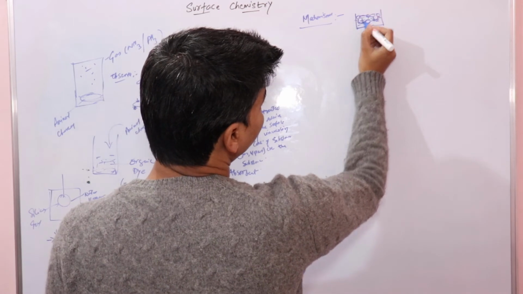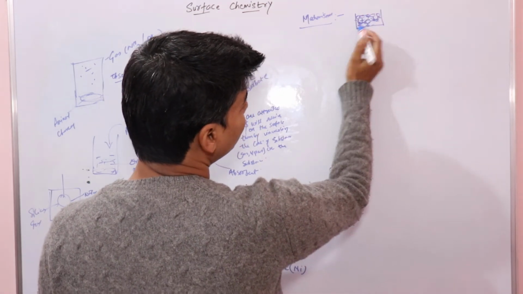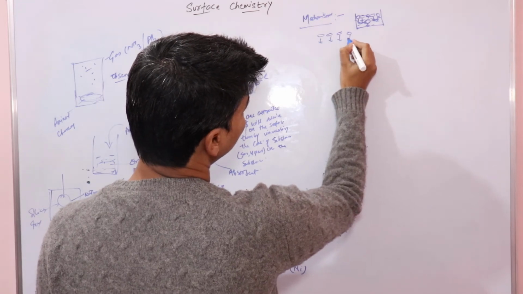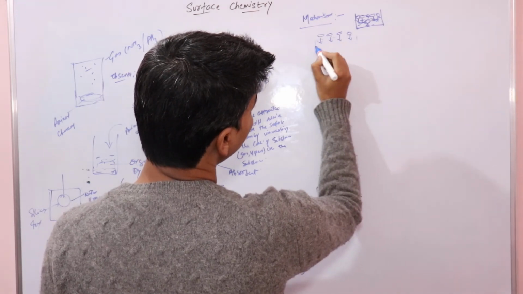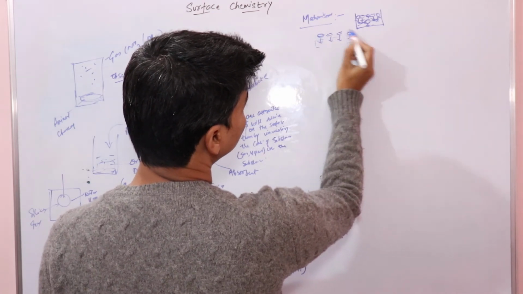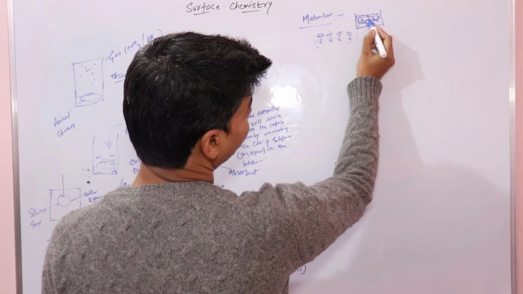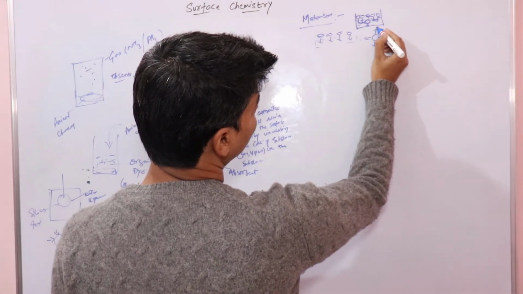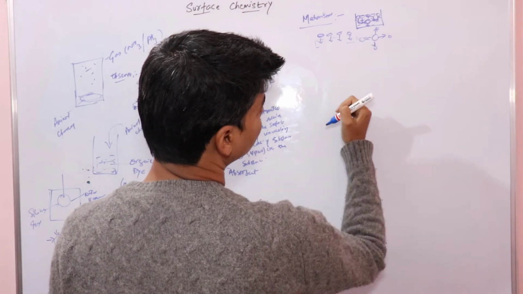Only the liquid molecules inside attract those at the surface, and there is no force of attraction above the surface. But a molecule inside the liquid is attracted by neighboring molecules from all sides.